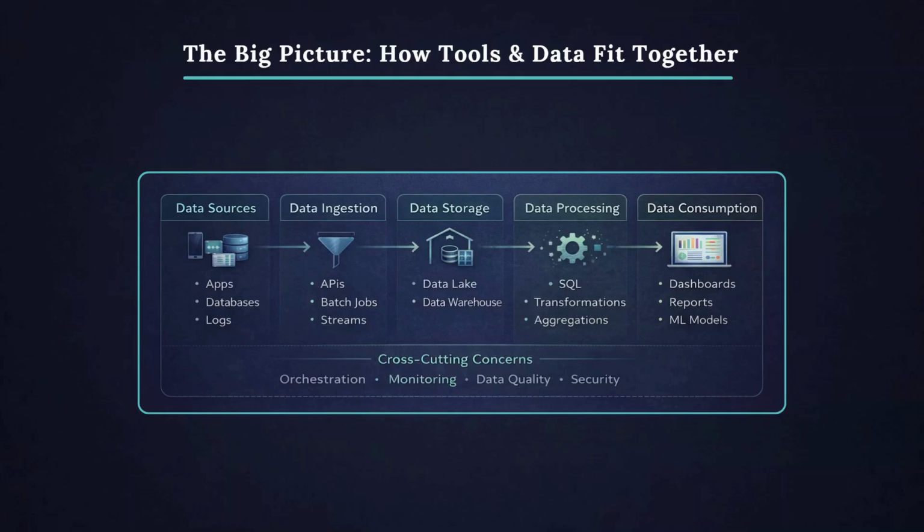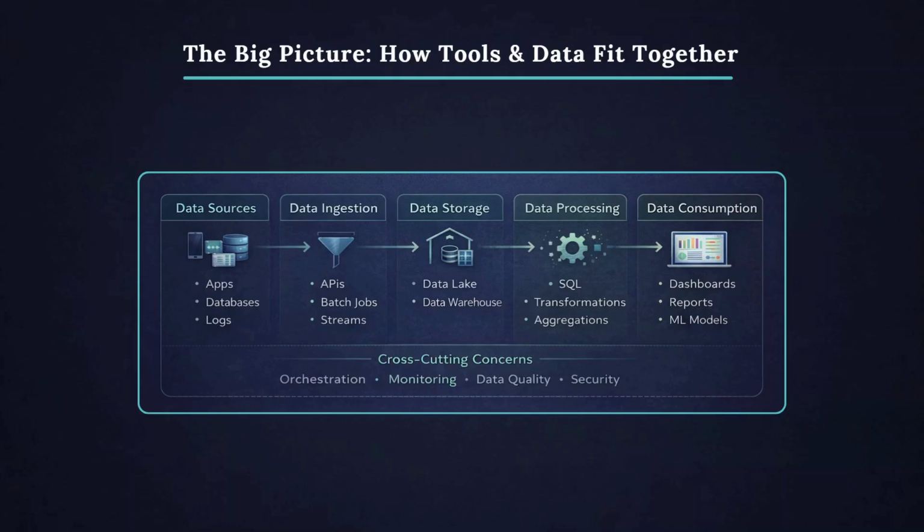After data processing, the data reaches the data consumption stage. This is where the data is finally used in dashboards, reports, or machine learning models. At this stage, the data is typically consumed by data analysts, data scientists, or business users.